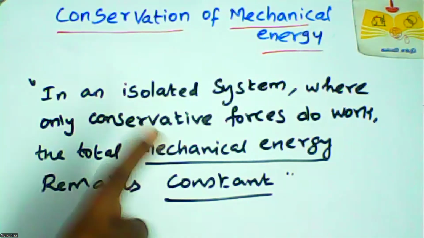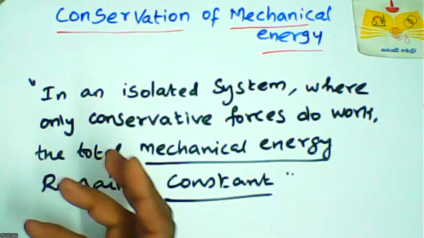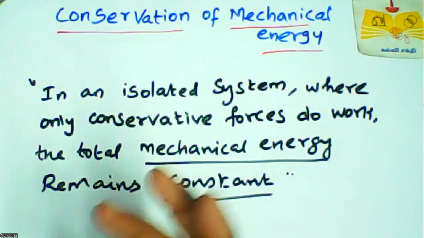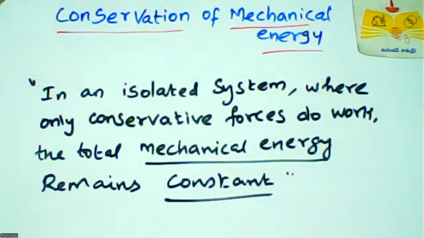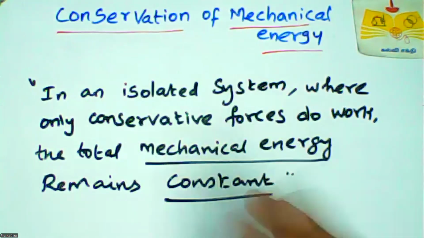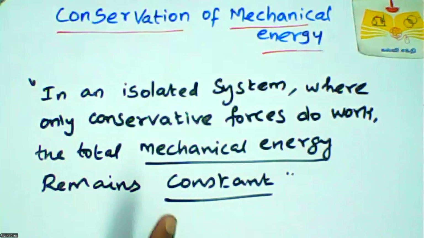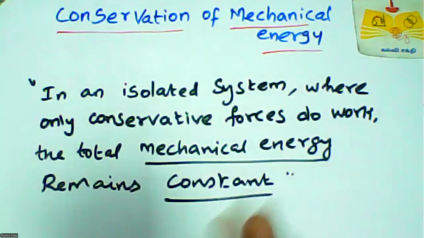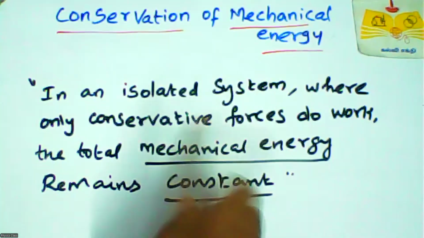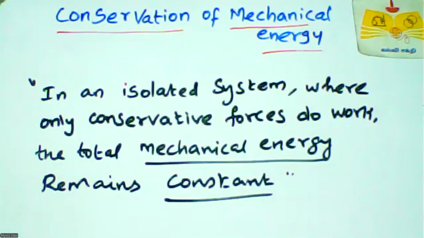So this means that if we are not losing energy to things like air resistance or friction, the total amount of energy in a system is always the same, even if it changes form between kinetic and potential energy. Energy is neither created nor destroyed, but it can change into another form.